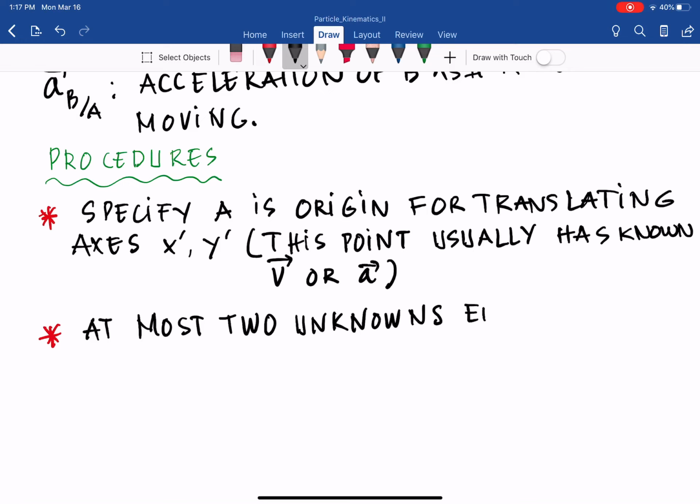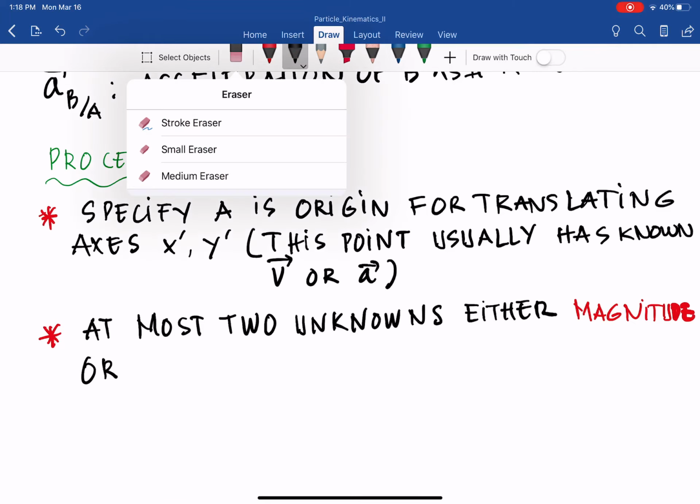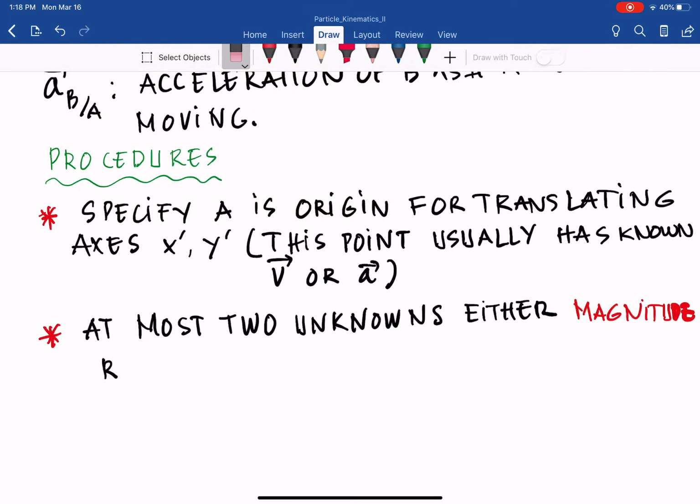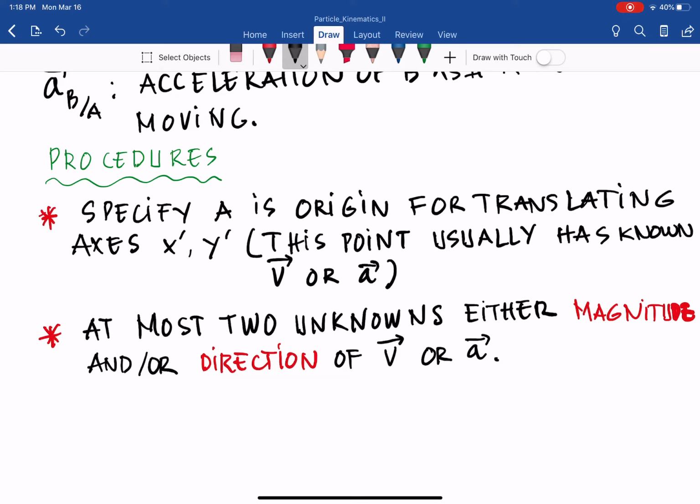Typically either the magnitude or the direction of the velocity, if we're talking about the relative velocity equation, or of the acceleration, if we talk about the relative acceleration equation.